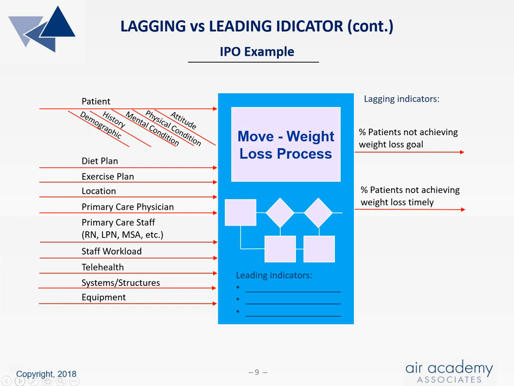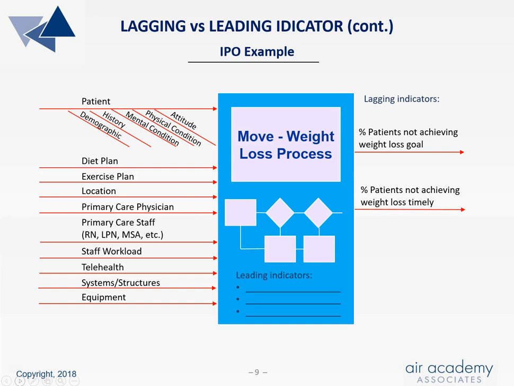Clearly, as we study the process flow, we will find opportunities to create leading indicators that will give the primary care staff the information needed at regular intervals to determine if the patient is on course and taking the correct action to achieve the desired weight loss by the designated time.